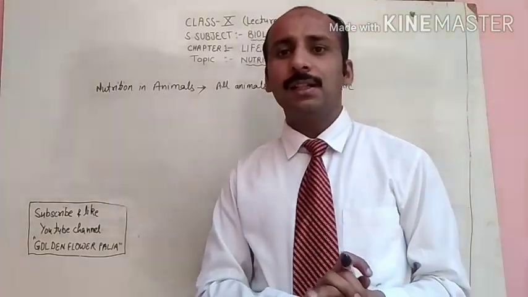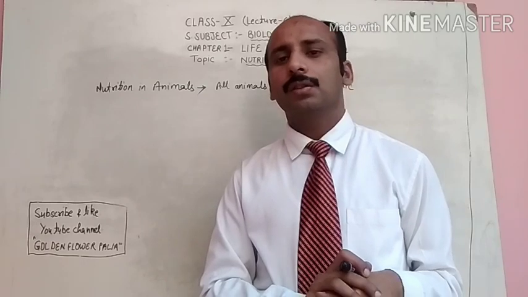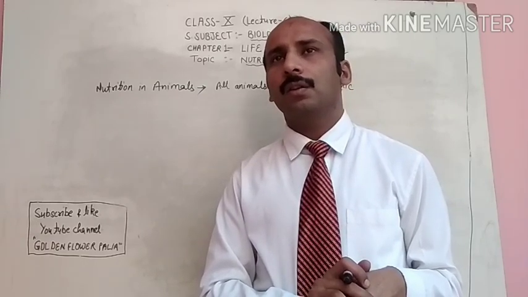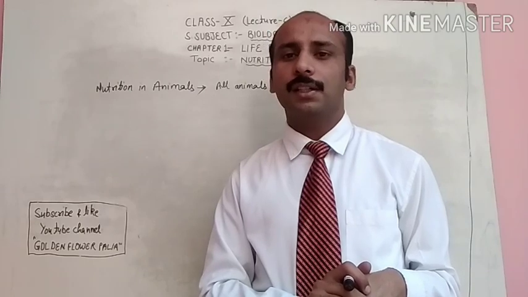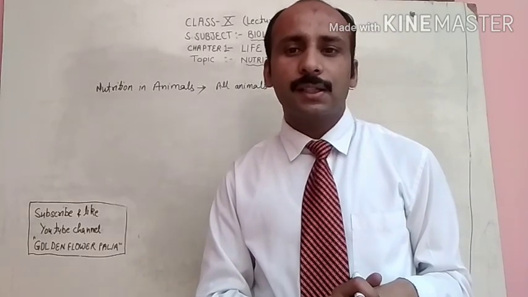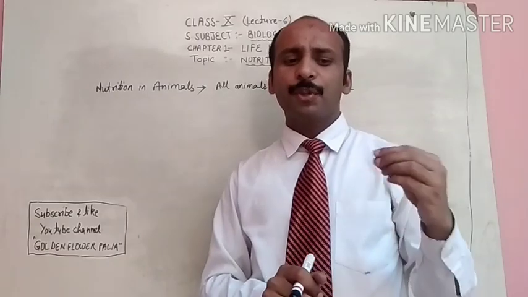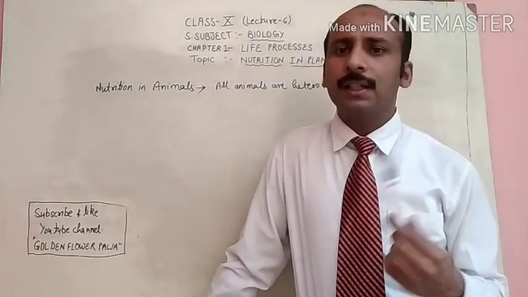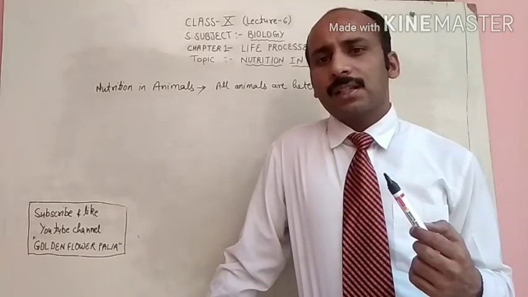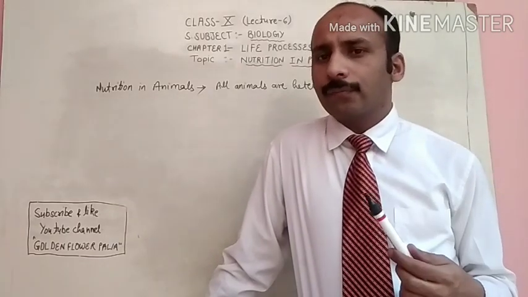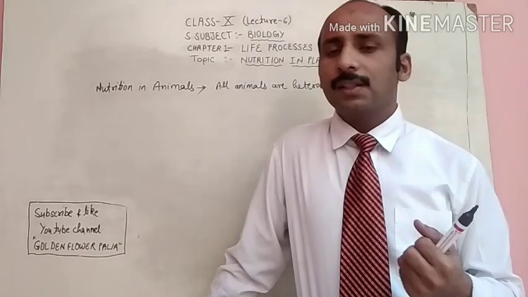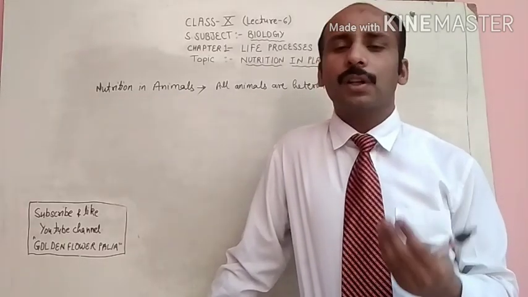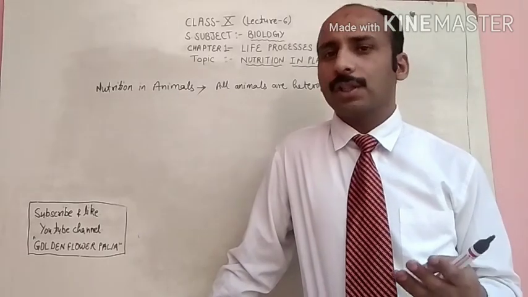My dear students, as you have heard many times about insect eating plants or carnivorous plants or insect eaters. So what are these? This is a special kind of nutrition. These plants are not eating the insects for their food. They catch the animals or insects for the fulfillment of nitrogen.